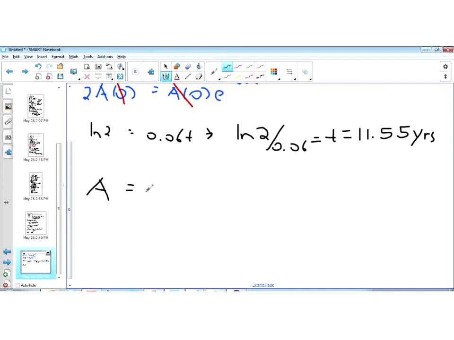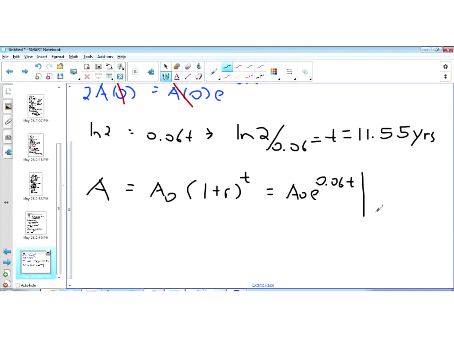So we have the amount after 1 year is equal to the initial amount times 1 plus r to the t power. Okay? And that would equal essentially your continuously compounded interest rate. Okay?